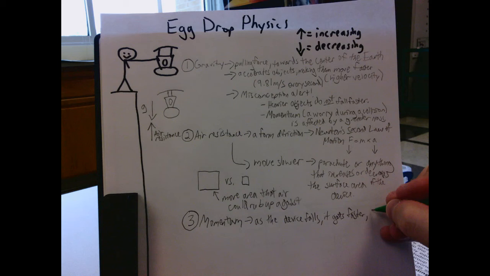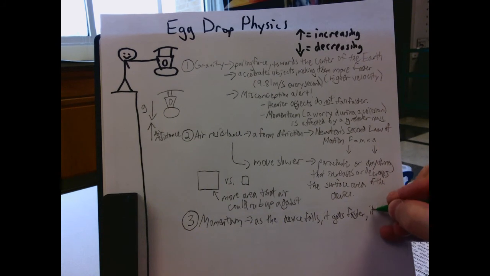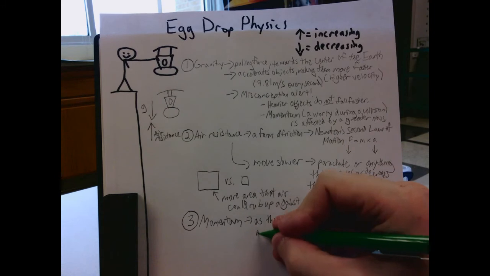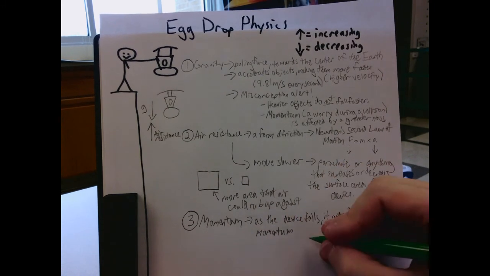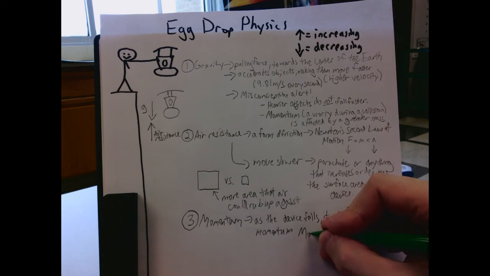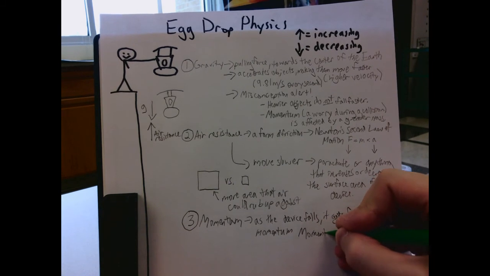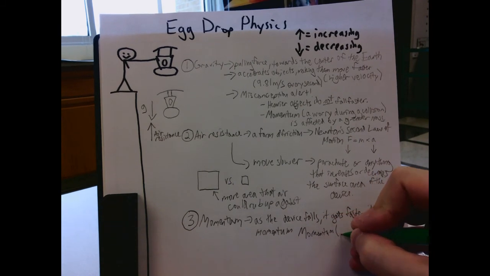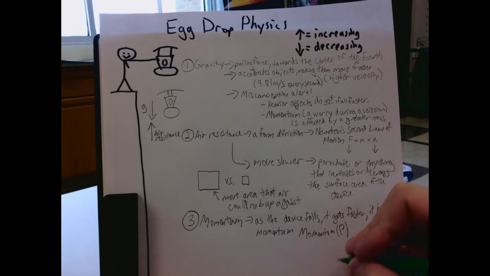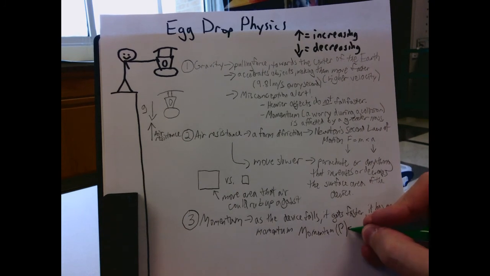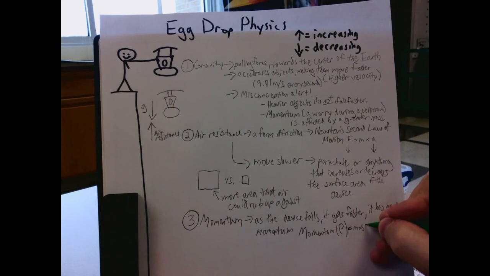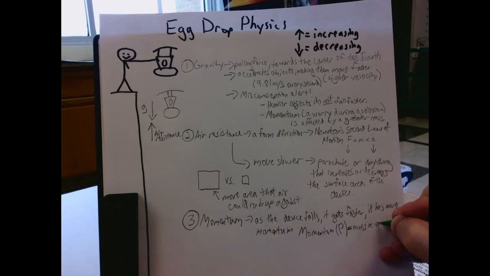And since it gets faster, it has more momentum. Remember our equation for momentum: momentum, represented by the Greek letter rho, which looks like a shepherd's hook or kind of like a letter P, is equal to mass times velocity.